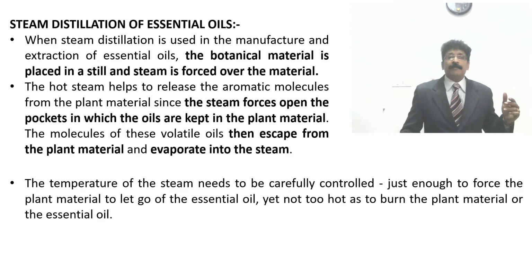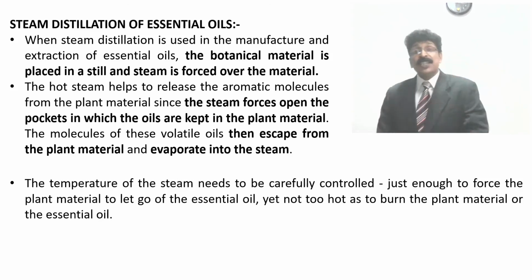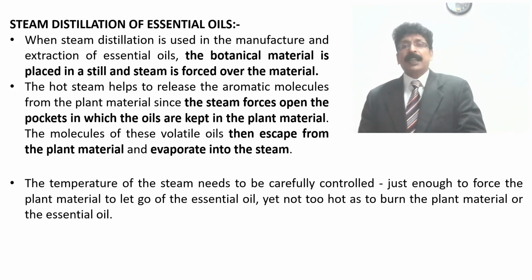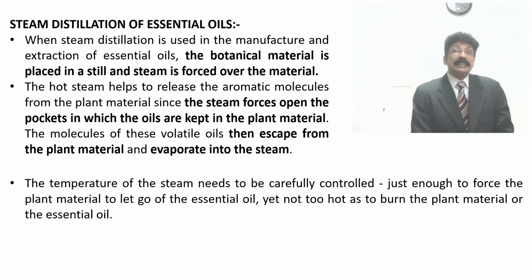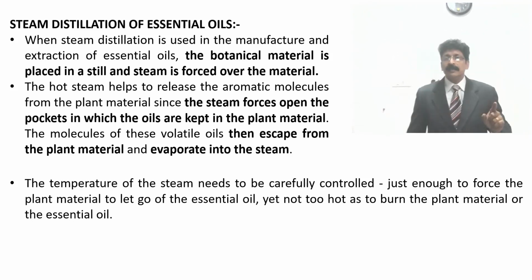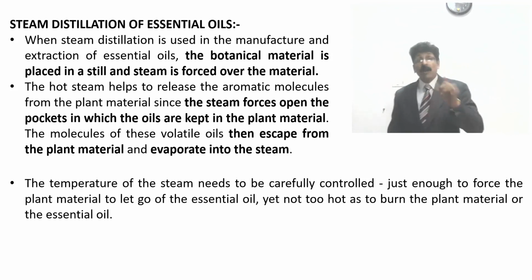The temperature of the steam needs to be carefully controlled, just enough to force the plant material to let go of the essential oil, yet not so hard as to burn the plant material or the essential oil.